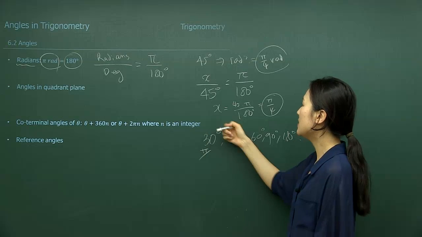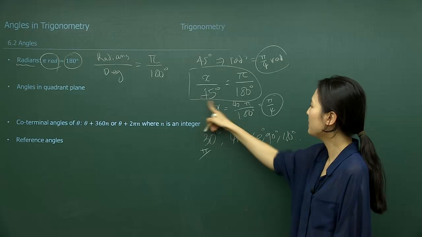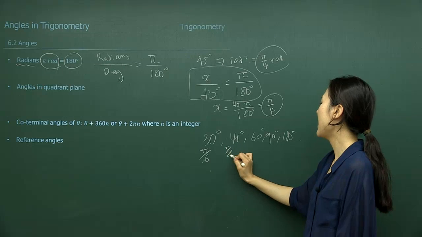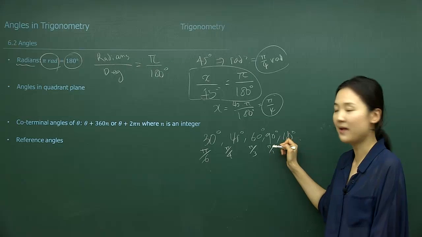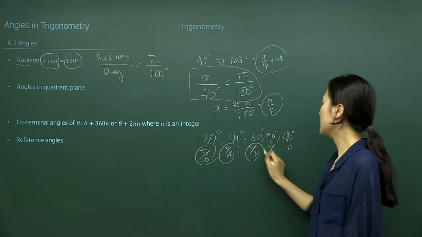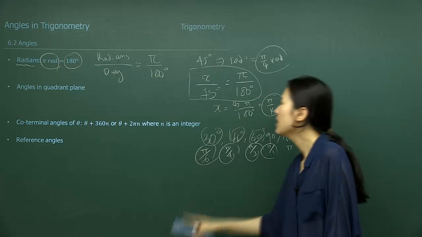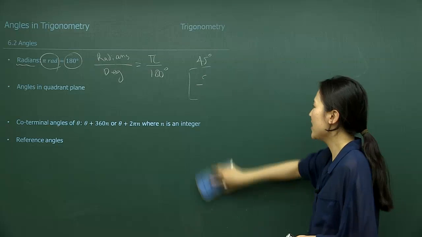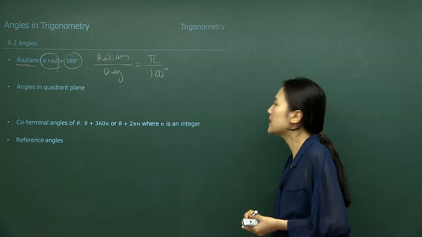So anyway, 30 degrees, if you apply the same ratio but simply put 30 here now, you'll be getting 1/6 of a pi. This was a quarter of a pi. This is a third of a pi. This is obviously half of a pi, right? And this is just pi. So just get used to this. These are 30, 45, 60, and 90 degrees. So that's how you convert it. Don't forget the ratio, guys. It's pi to 180. Pi radians to 180 degrees.